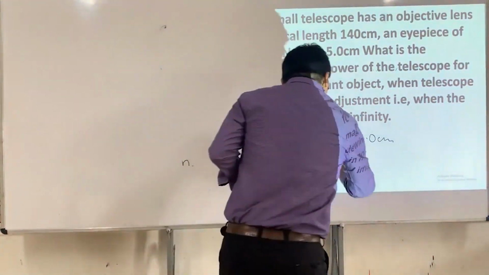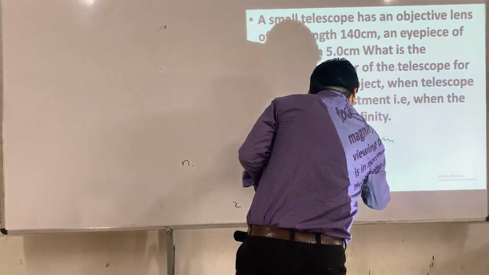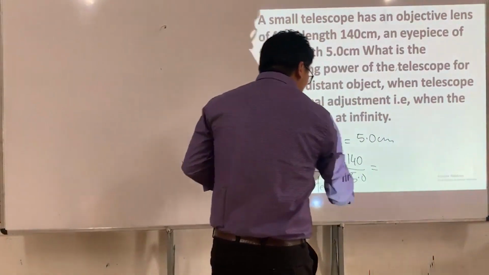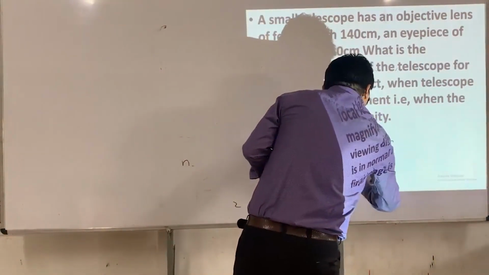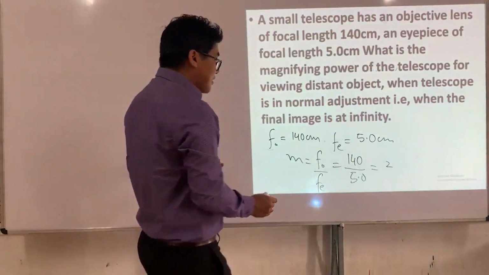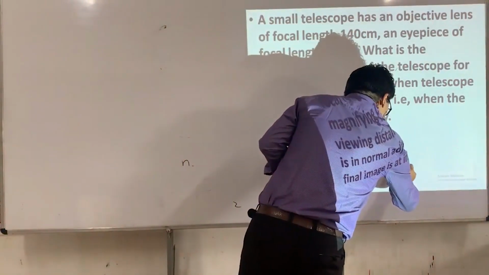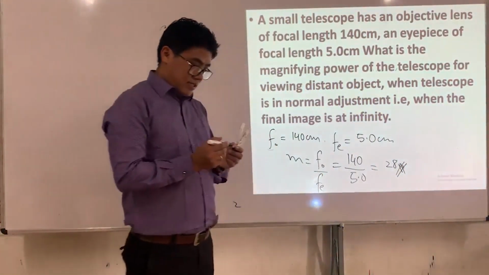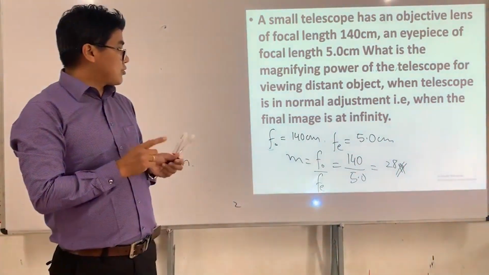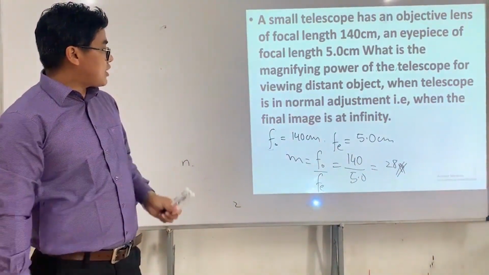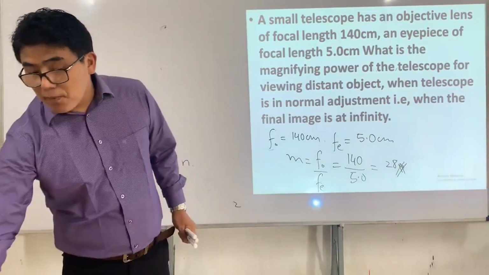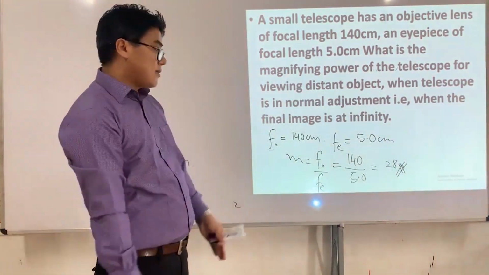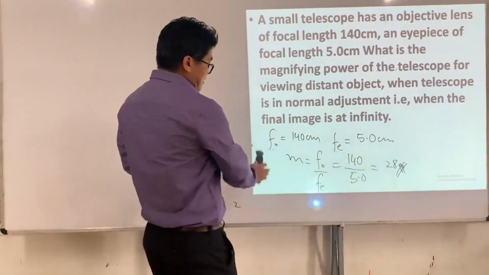Then this is 140 divided by 5, and if I cancel out, 5 2s are 10s and 5 8s are 40, so magnification is 28. It has no unit. Magnification of this simple telescope is 28. That means it magnified 28 times.